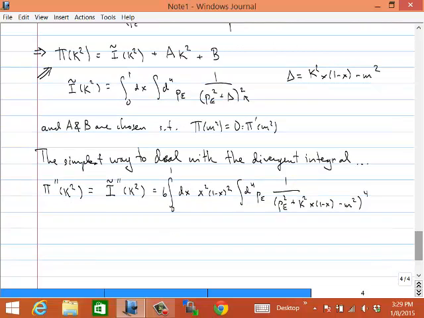And so this is a perfectly convergent integral. Okay, we could work it out, we could write it down. It's just some function of k squared.